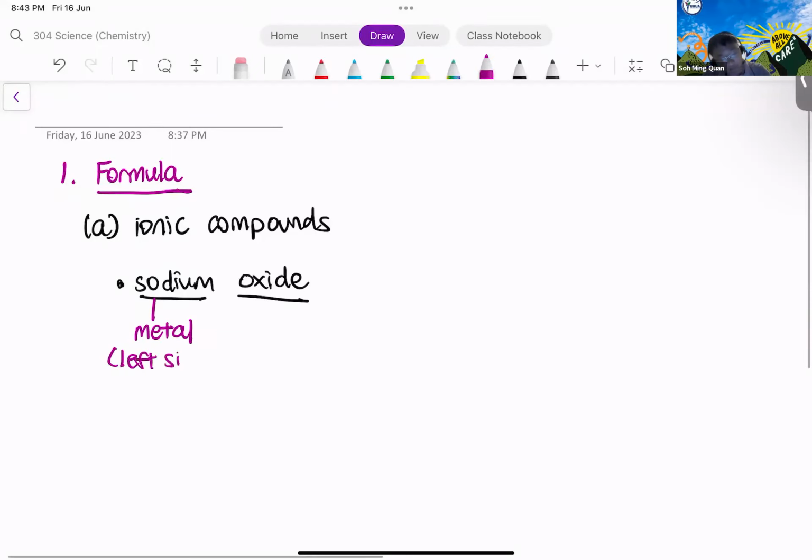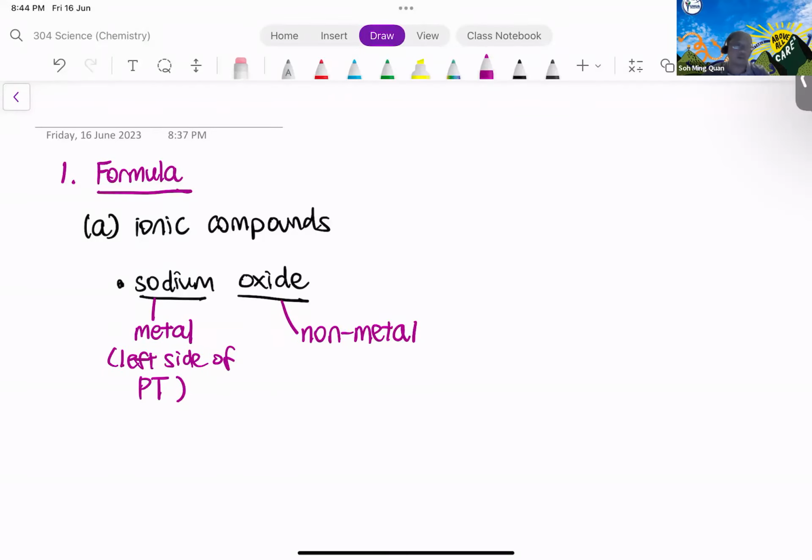Oxide comes from oxygen. Oxygen is a non-metal, because it's on the right-hand side of the periodic table. So the moment you have a metal and a non-metal in a compound, you know it's an ionic compound.